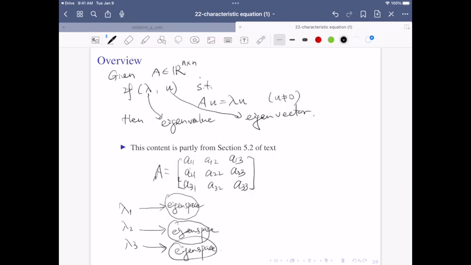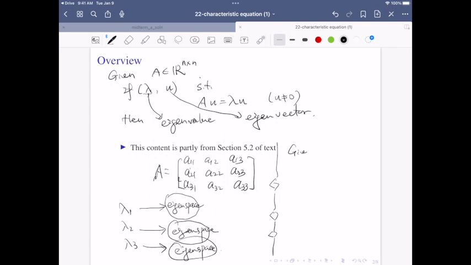In the last lecture we covered that, given a specific eigenvalue, we can find the eigenspace. In other words, we can find all eigenvectors corresponding to lambda.